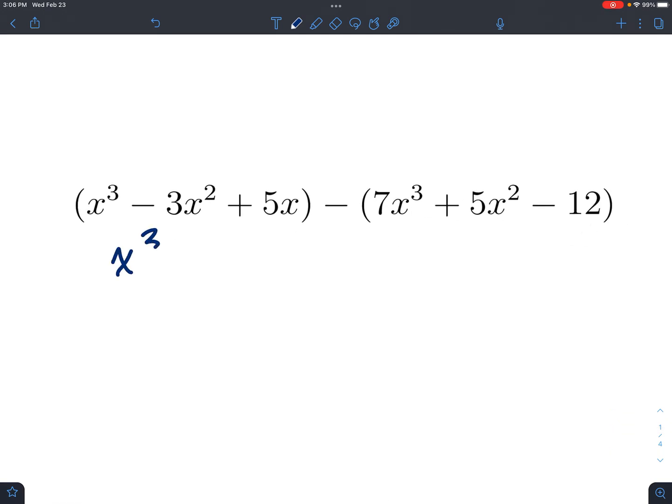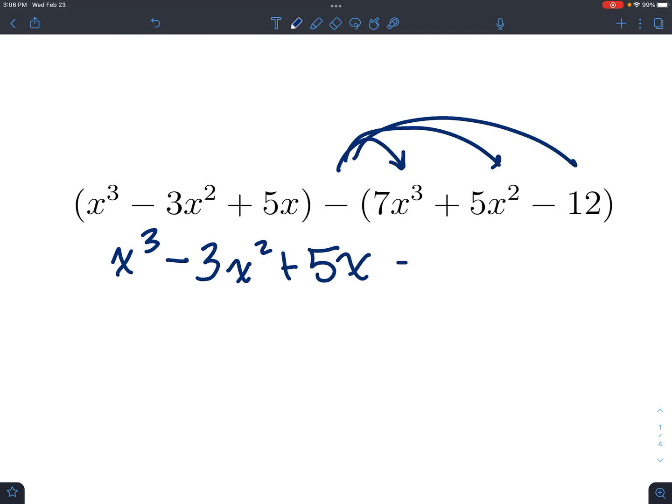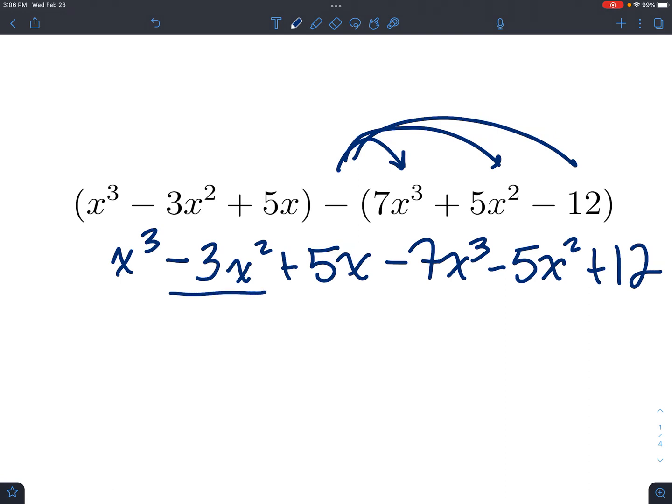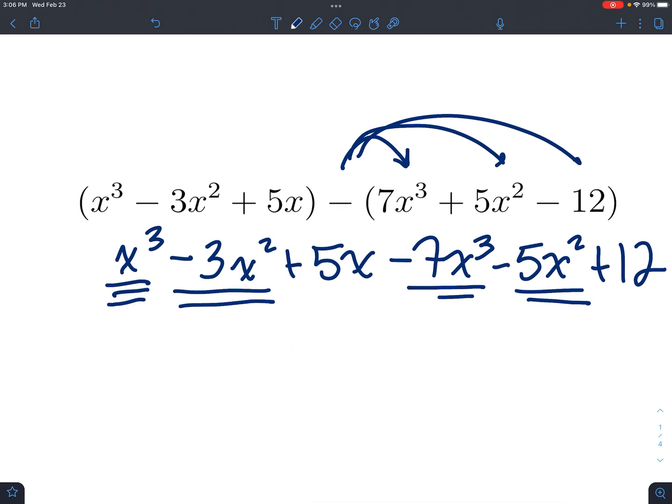When you subtract like terms, or when you subtract polynomials, we want to make sure we take that negative and distribute it everywhere first. And then I want to make sure to underline or circle the terms that are the same. Those are like terms. So the x cubes make negative 6x cubed. The x squareds would make minus 8.